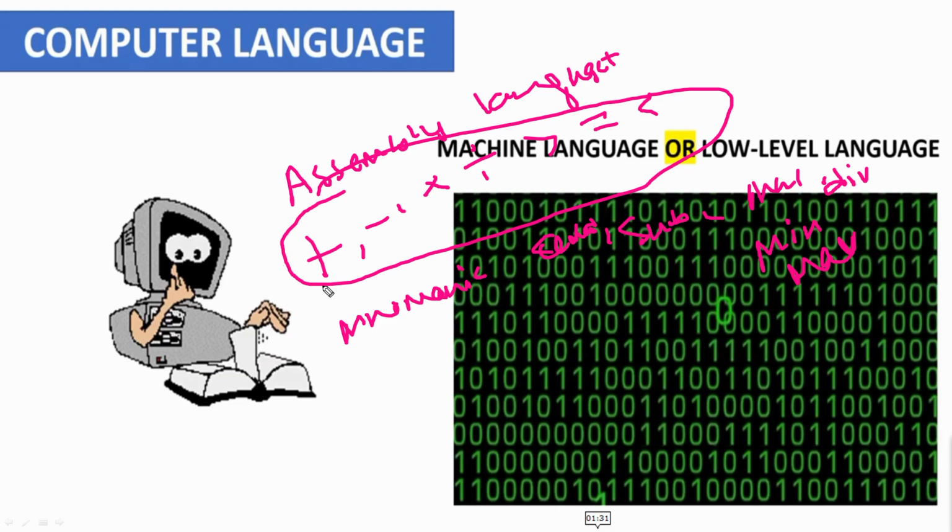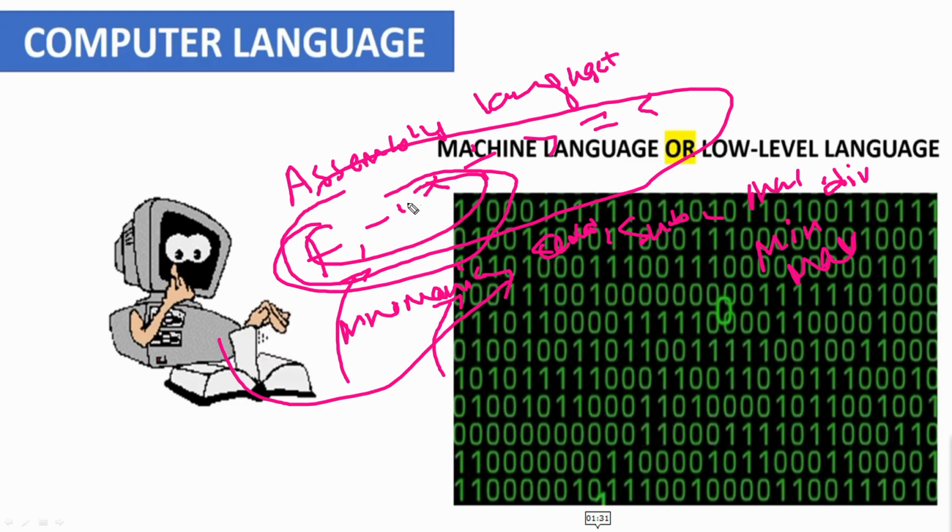In assembly level language, instead of zeros and ones, they write the program by using these operators and mnemonic codes. Here also the computer can understand these programs easily and the users cannot. The reason is the users cannot easily understand mathematical operators and mnemonic codes, so assembly level language is also called a low level language of the computer.